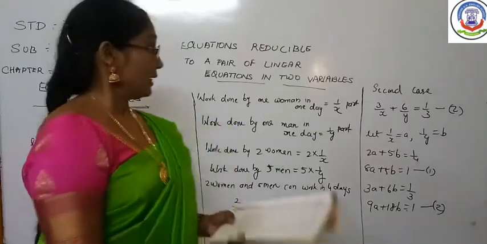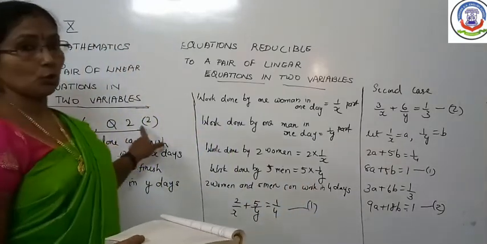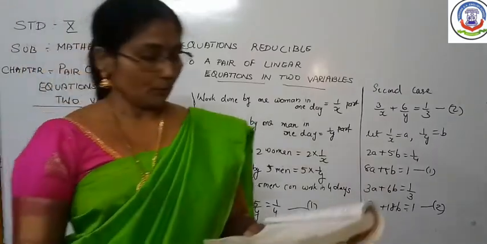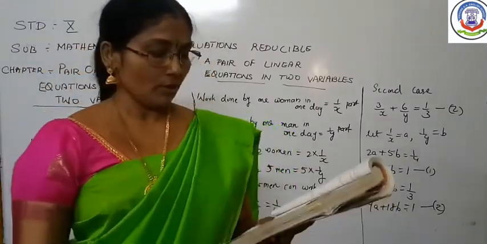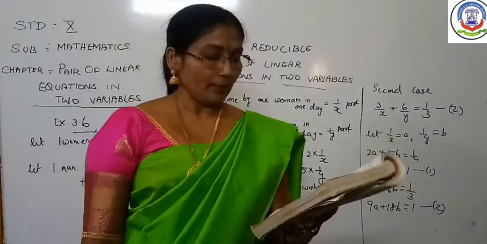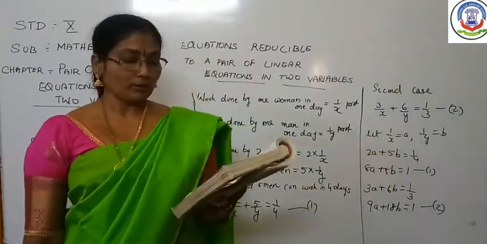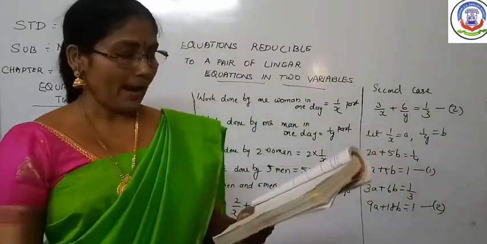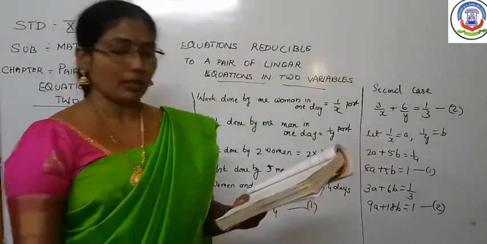Look at exercise 3.6, question number 2, sub question 2. It's also a very important question. That question also you have to mark as important. What was the question? 2 women and 5 men can together finish an embroidery work in 4 days, while 3 women and 6 men can finish it in 3 days.